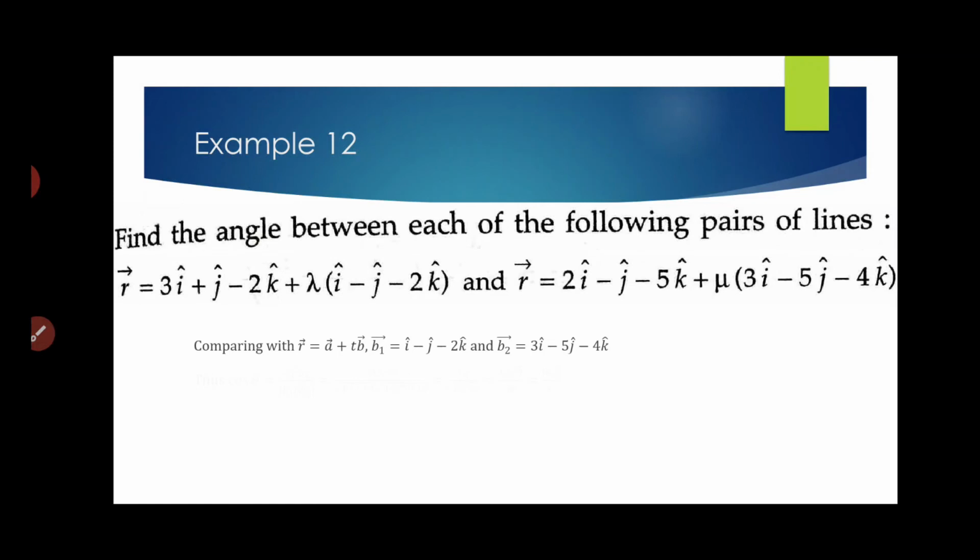Therefore cos theta is b1 dot b2 by mod of b1 mod of b2, and after calculation we get cos theta equals 8 root 3 by 15. Let us leave the answer at that. So theta is equal to cos inverse of 8 root 3 by 15, and we know that this is going to give us some angle.